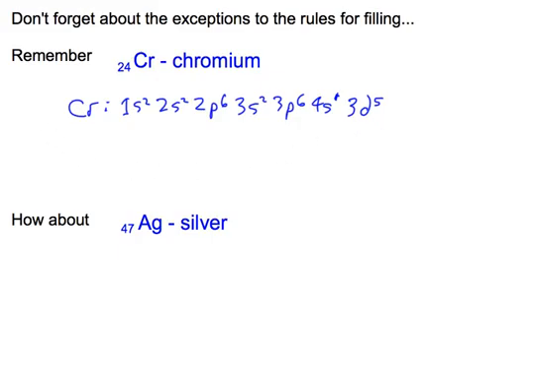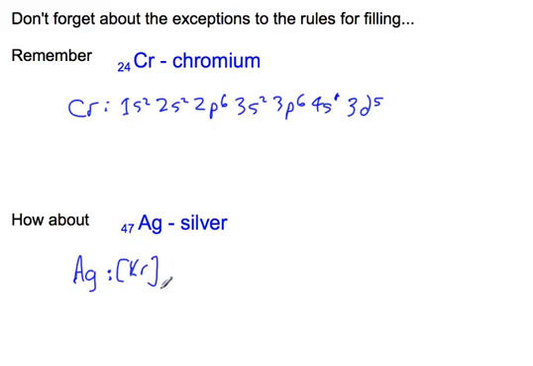That's chromium. How about the abbreviated electron configuration for another exception, silver. That's Ag, so Ag square brackets. We go to the periodic table and look for the noble gas that precedes it, and that is krypton, Kr. Krypton has 36 electrons. Silver has 47, so we have to add 11 more.